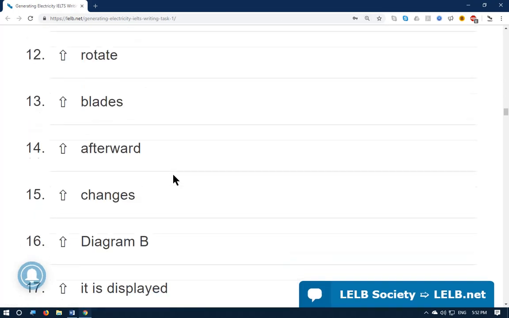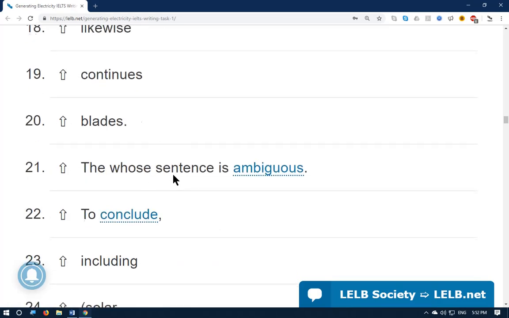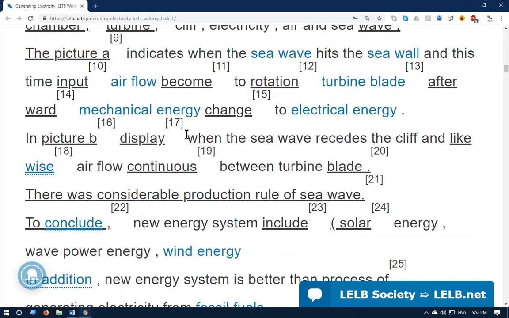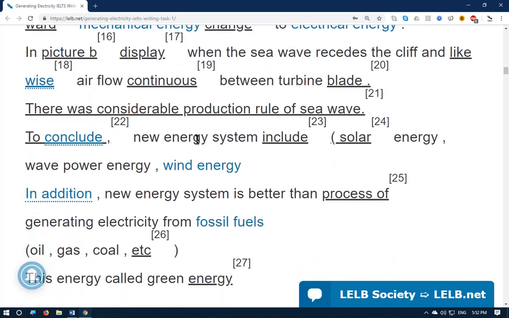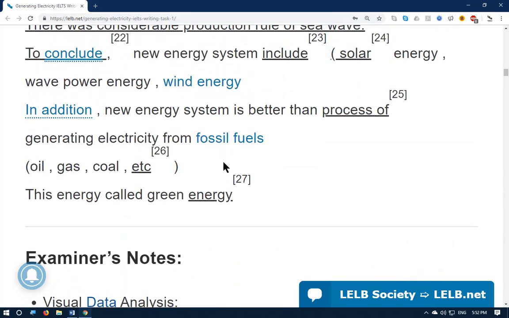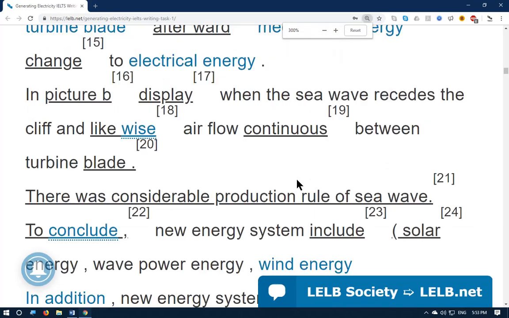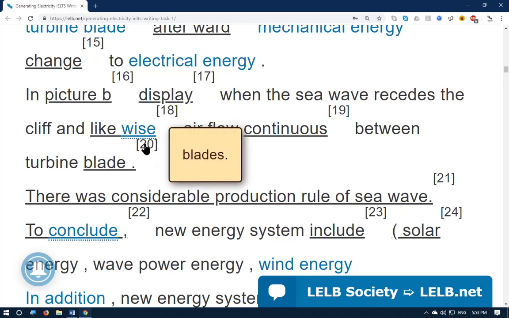Let me show you something. As you are familiar with this structure, you know there are 27 mistakes corrected by me, and there are indexes or numbers on the top right corner of each mistake or error, and if you just click on them, they are clickable.